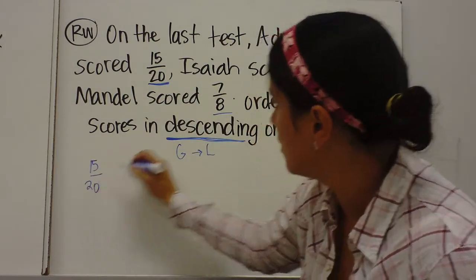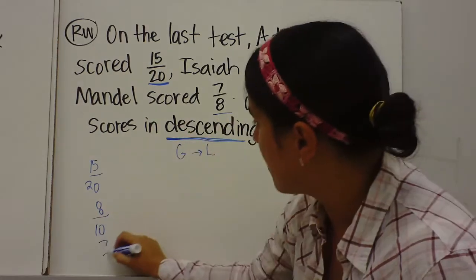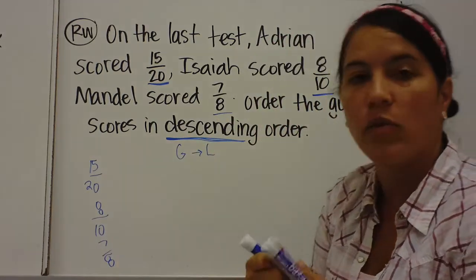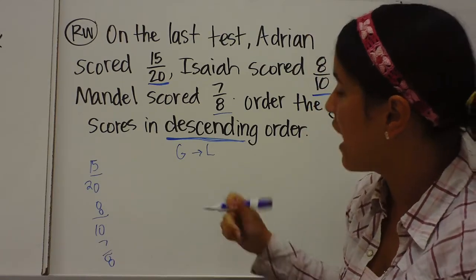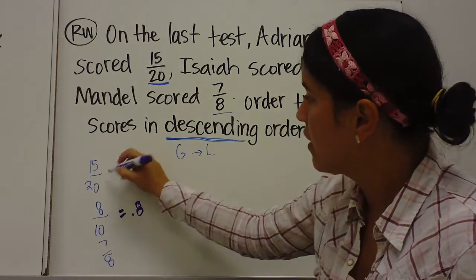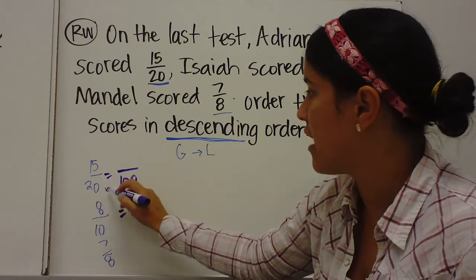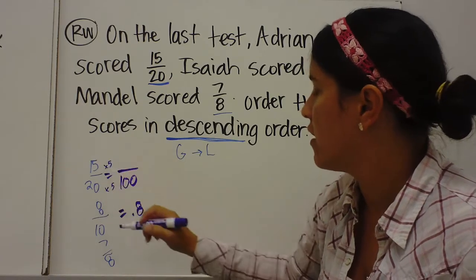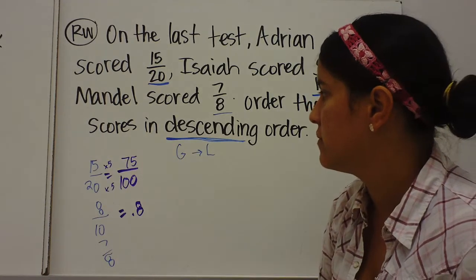15 out of 20, 8 out of 10, and 7/8. Well, we need to change them to decimals. So we would divide, and this one we would get 0.8. This one we could get out of 100, so times 5. So I think that is 75 out of 100.